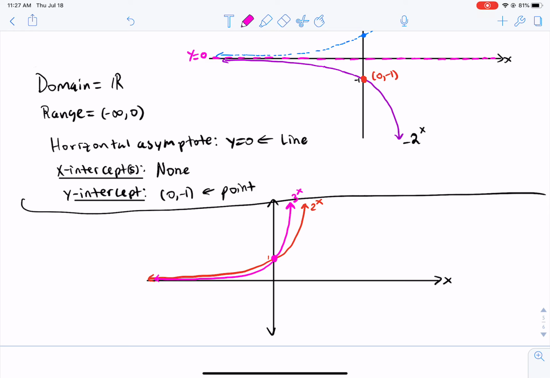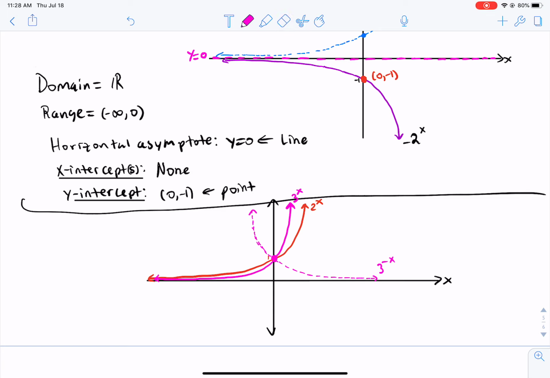If we reflect this one over the y-axis, we will get something like this, like that. So this will be 3 to the negative x. You flipped it toward the y-axis. Yes, I reflected it.